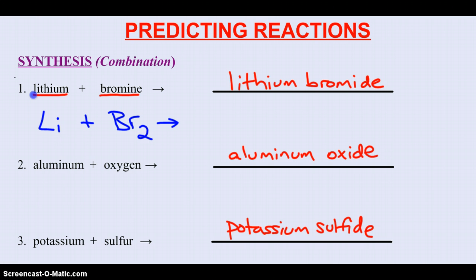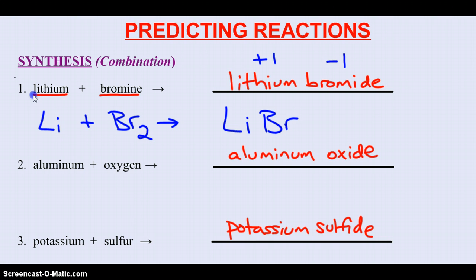For the formula for lithium bromide, I need to check my ion card or notice the patterns on the periodic table. Lithium in group 1 is a +1 ion. Bromine and all the halogens become -1 ions because they are one electron away from being like a noble gas. So the formula for lithium bromide is LiBr. +1 and -1 cancel each other out.